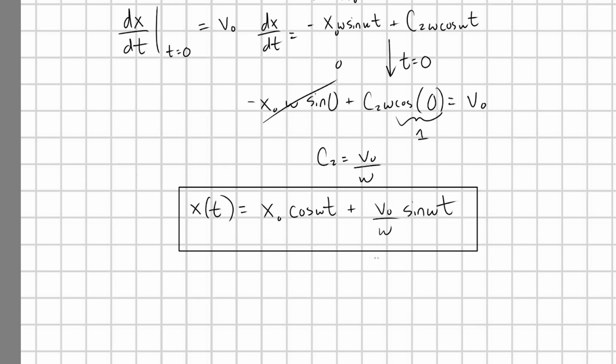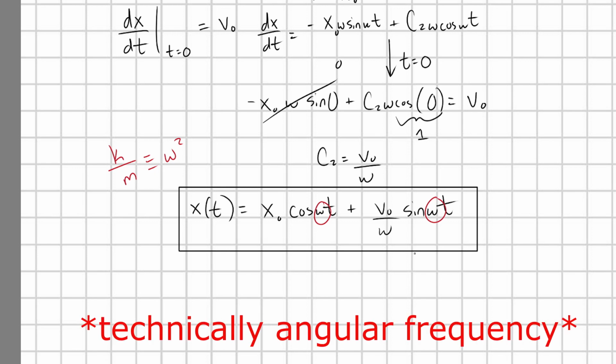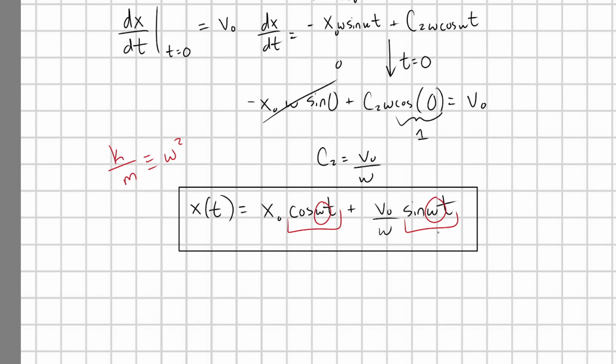Before I end the video, I just want to mention two things. The first is we can see that by defining k over m as omega squared, we can see the physical significance of omega now: this is the frequency, right? It dictates the frequency at which my cosine and sine waves oscillate in this equation.